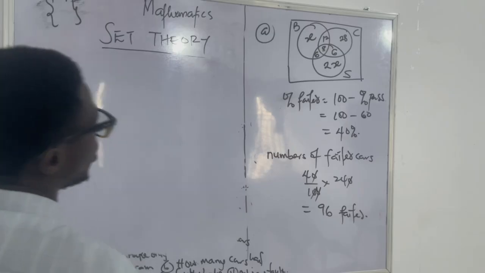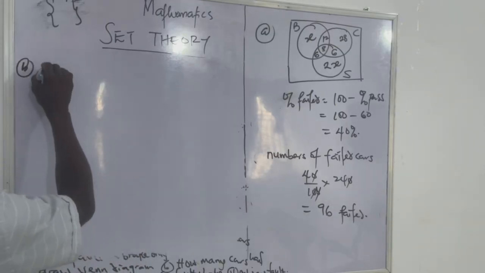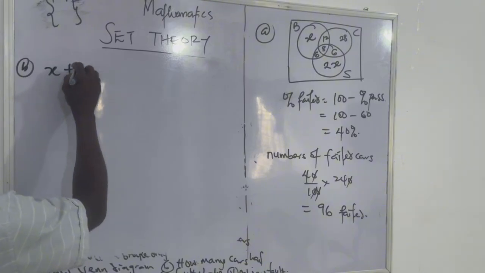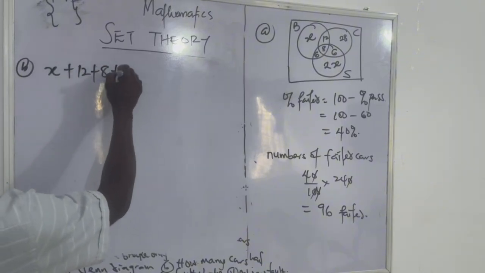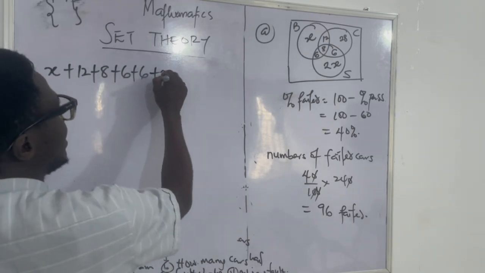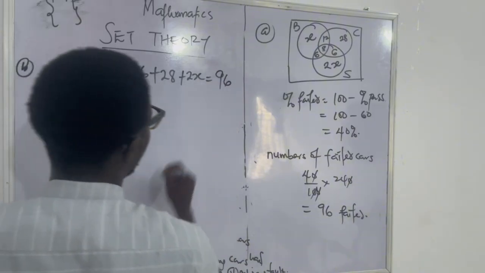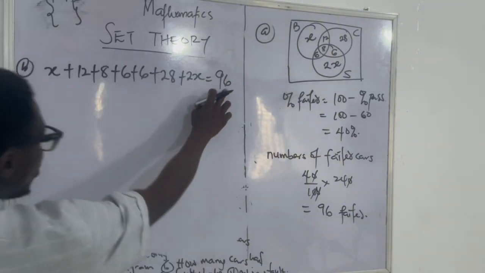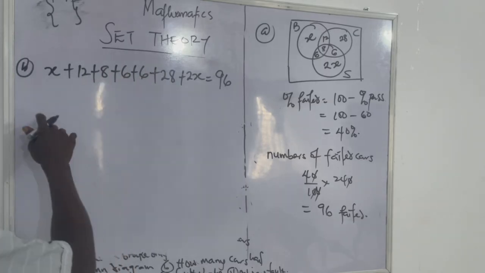So now x plus 12 plus 8 plus 6 plus 6 plus 28 plus 2x equals 96, the total number of failed cars.